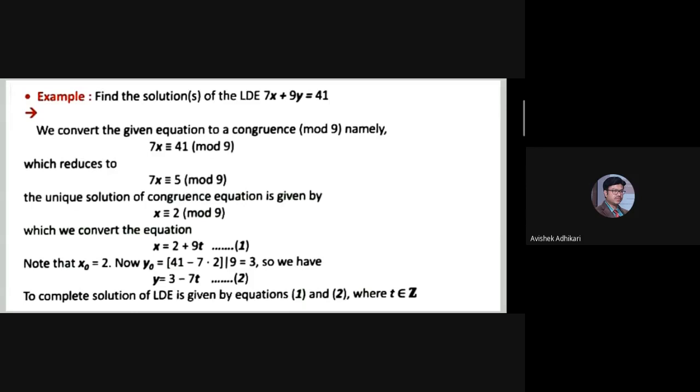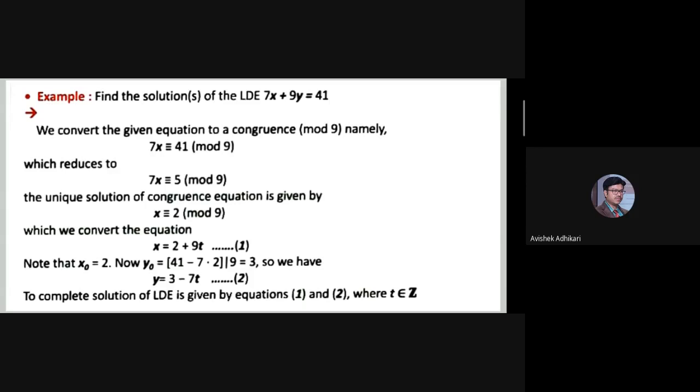The unique solution of the congruence equation is given by multiplying both sides of the congruence by 7 inverse in Z9. So by multiplying 7 inverse, I'm getting this result x ≡ 2 mod 9, which we convert to the equation x = 2 + 9t.